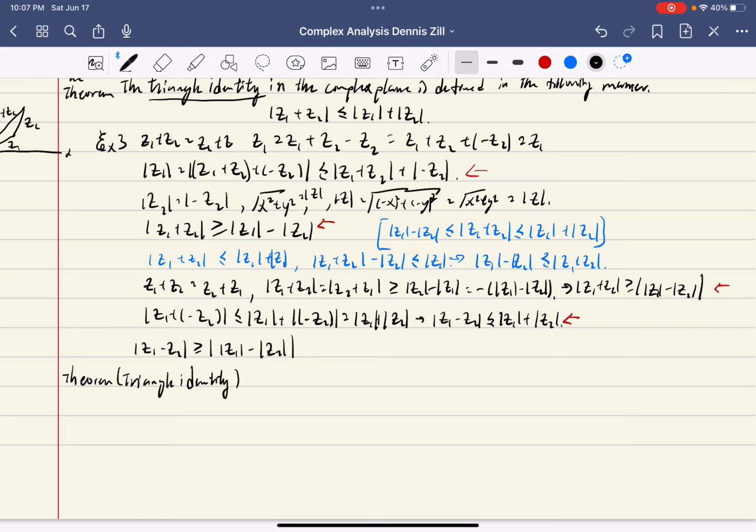The triangle identity extends to any finite sum of complex numbers.